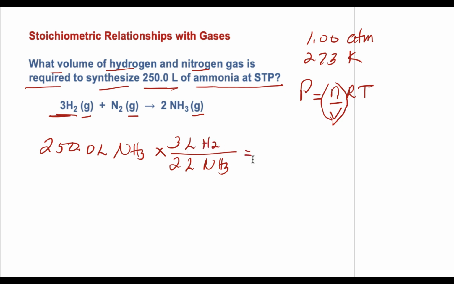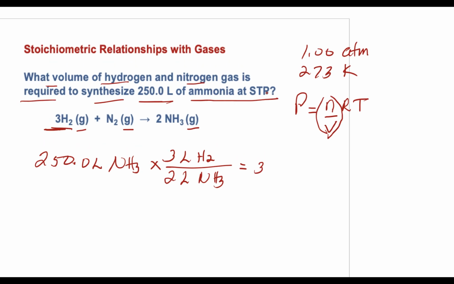So this would be 250 times 3 divided by 2. And that would be 375 liters of hydrogen. And then we can do the same for the nitrogen.